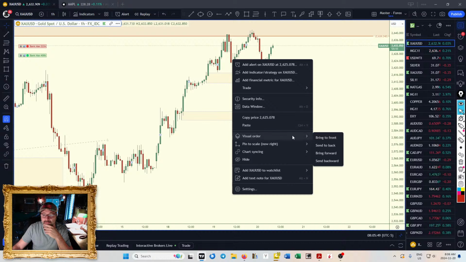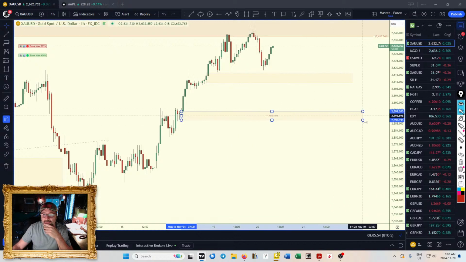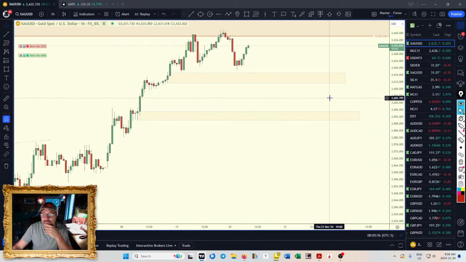And let's put that up front. Okay, so I got a couple areas here that I'm seeing. So what is this telling me here? This is telling me that on this rally up, the institutions were significantly buying here and significantly buying here, in order to contact this area of supply up here.